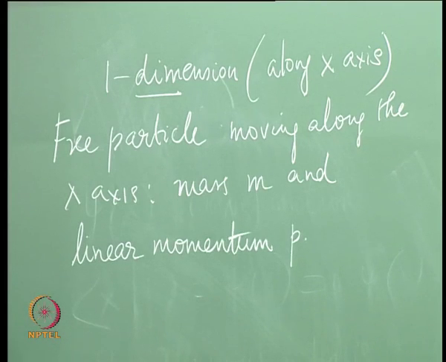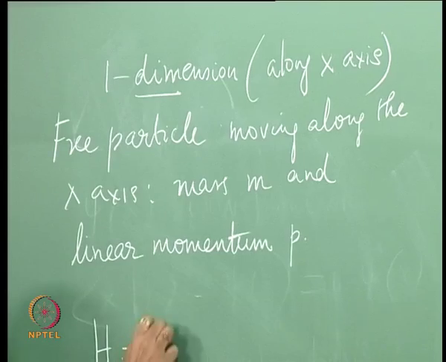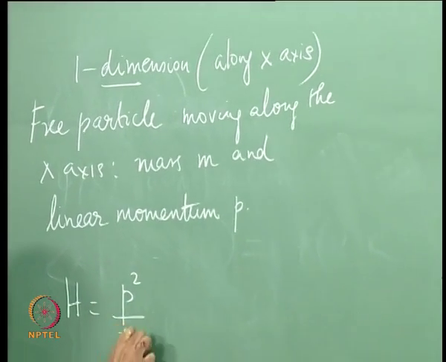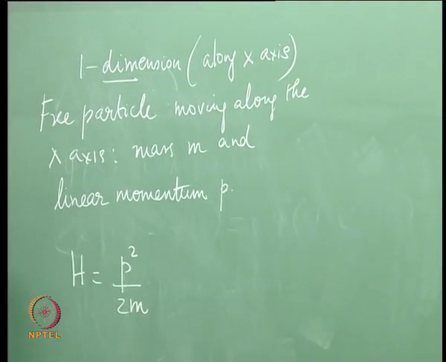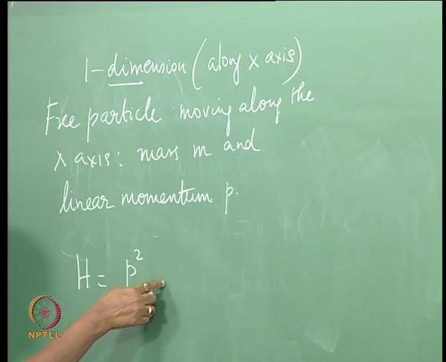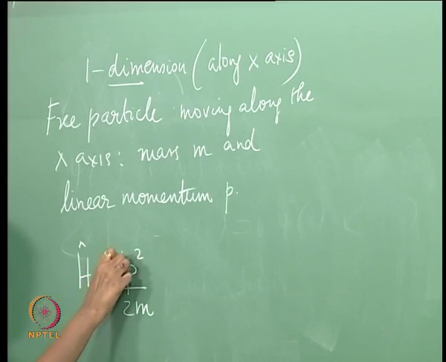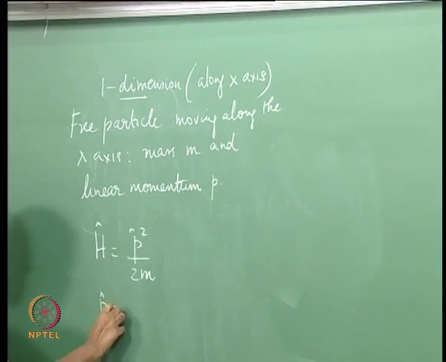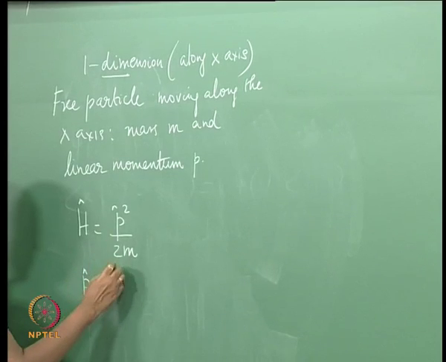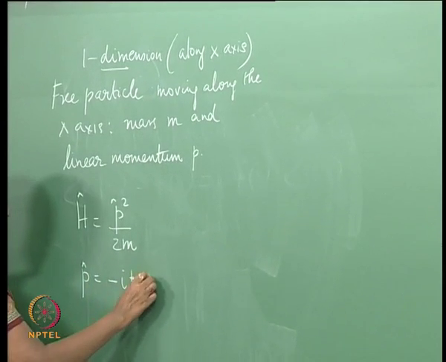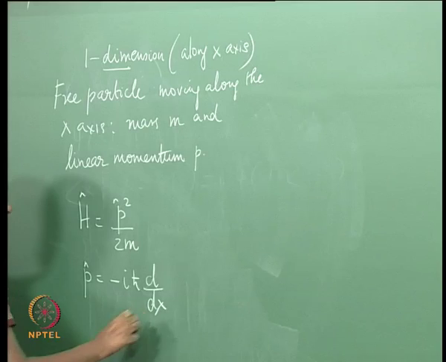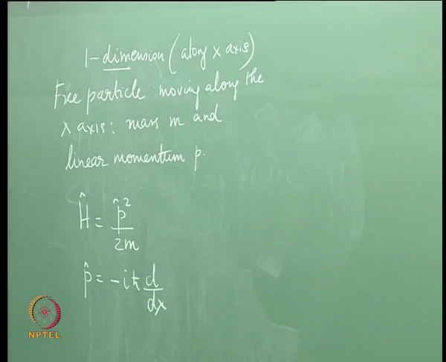It's clear that the energy operator is p squared by 2m. There is no potential term, otherwise I would have written a V of x. H is an operator and p is an operator, and because we are working in the position representation, and it's a one-dimensional problem, p is minus i h-bar d by dx.